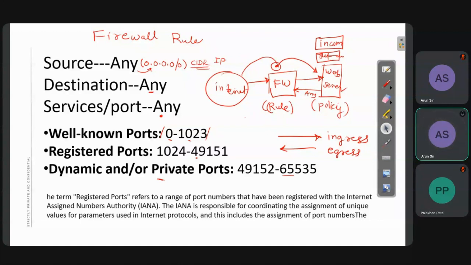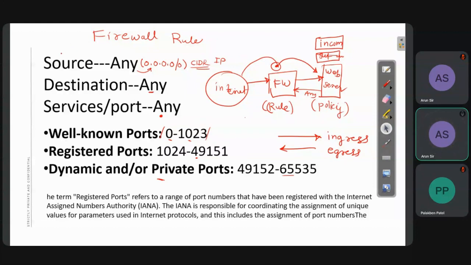Their source is restricted. Only the developers will be able to access that server, and they can modify that web server. But while the web server is giving the response, it can deliver to any user across the globe. So this is how communication should go between the external internet and the web server.